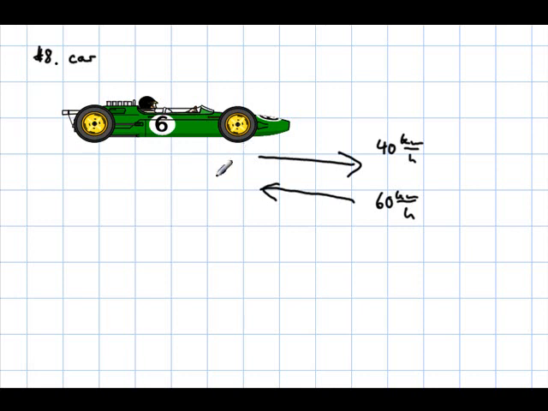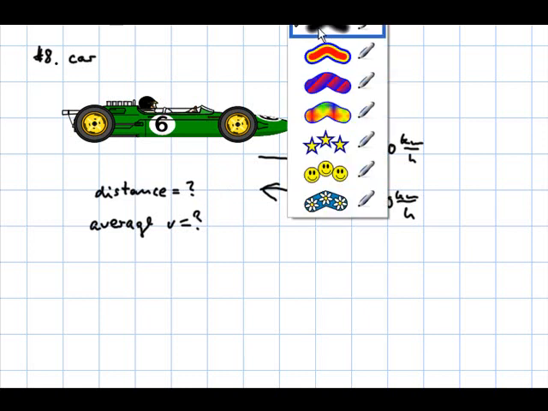Okay, notice they don't give us what the distance is. So I put a question mark there, but they're asking us to figure out what the average velocity is. So average v equals, and that's actually what they want us to figure out.